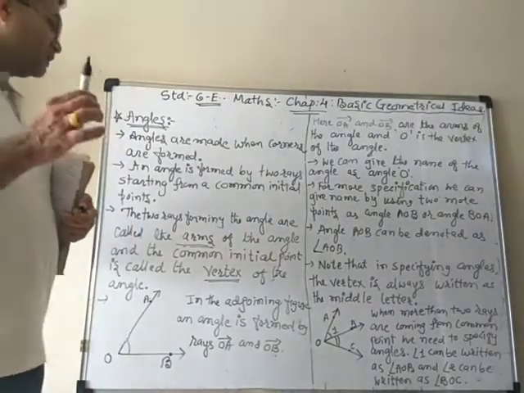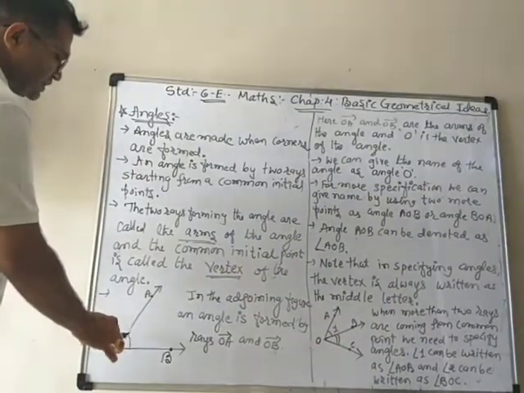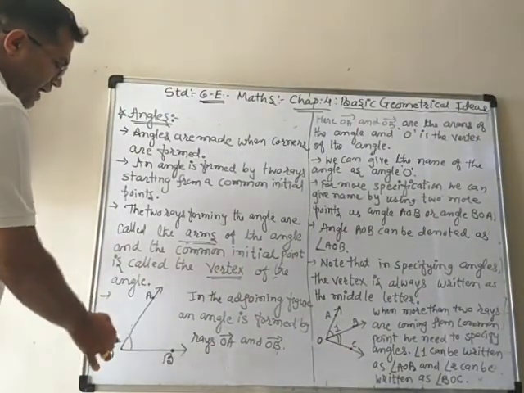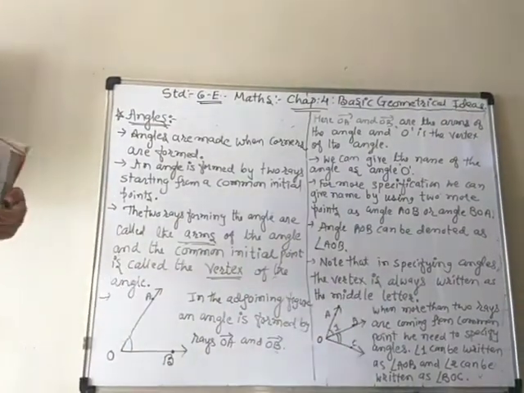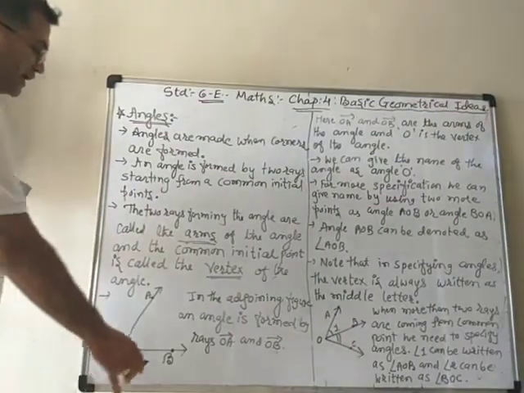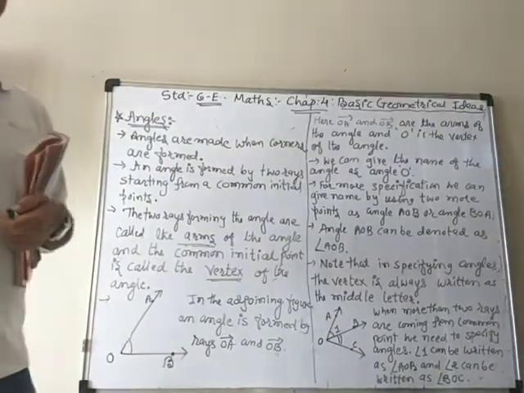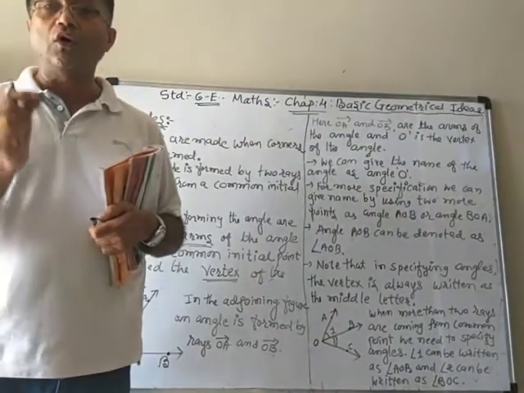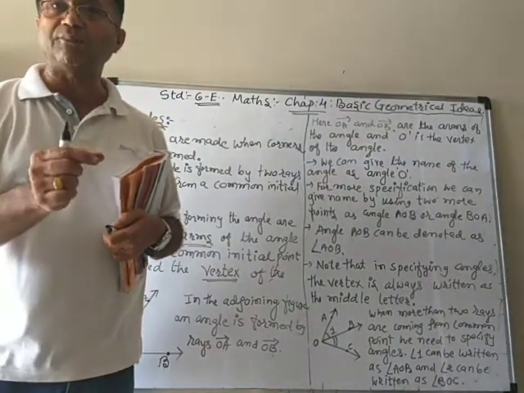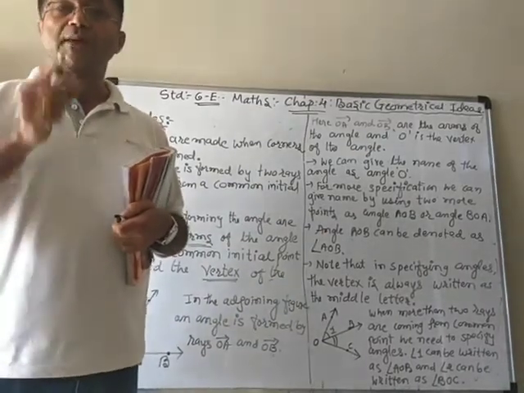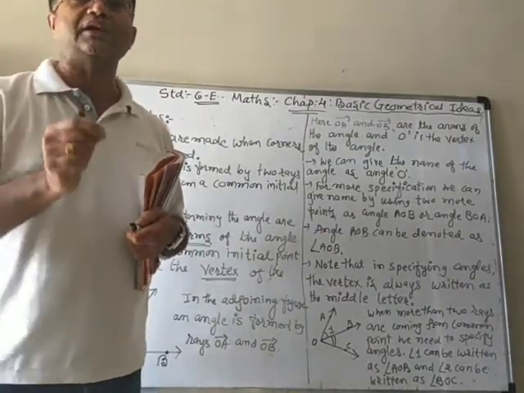So we can say that the angle's name can be written as angle AOB, or you can say angle BOA. Just remember that O, the common initial point or the vertex, must be in the middle.